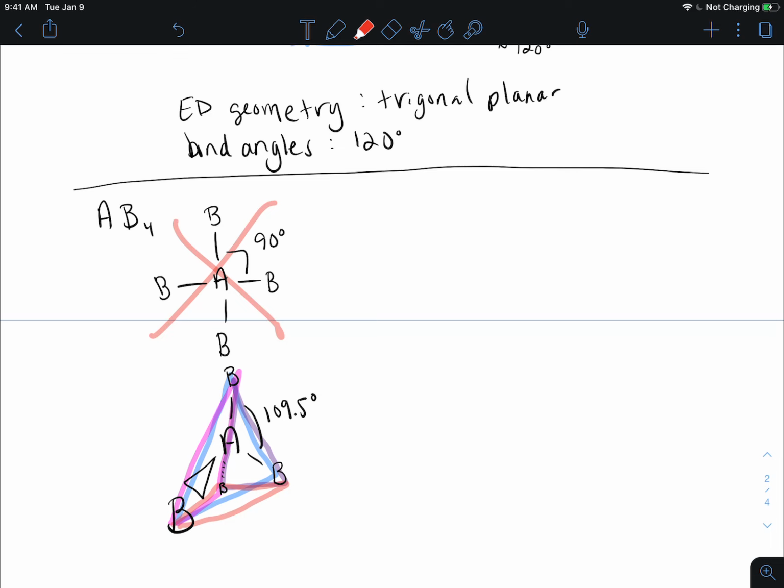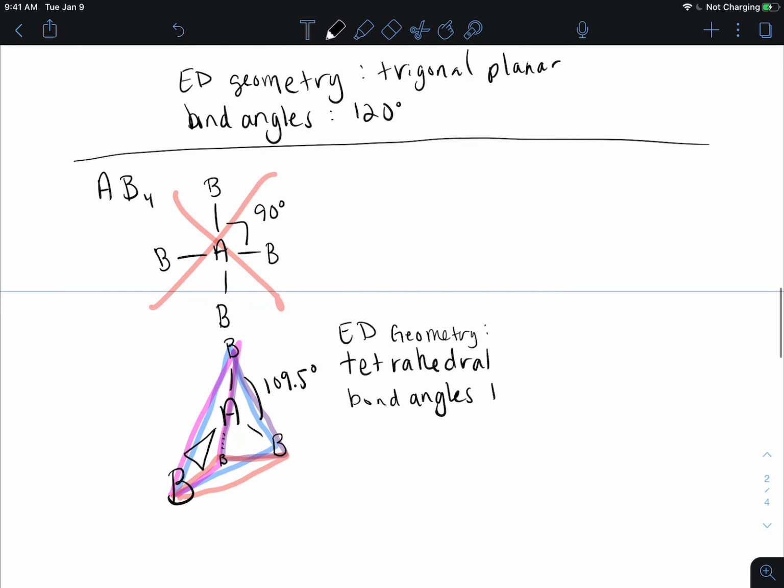So this structure has 4 faces, which is why it's called a tetrahedron, a structure with 4 faces, or tetrahedral. And here our bond angles are 109.5 degrees.